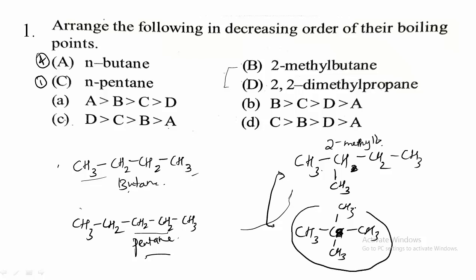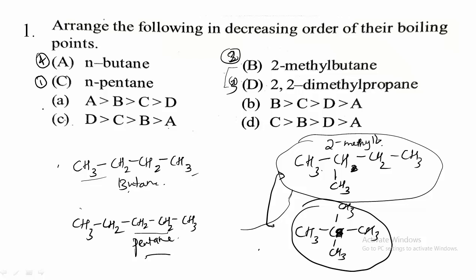This 2,2-dimethyl propane is more branched, and hence it is having low boiling point compared to 2-methyl butane because it is less branched. So therefore, the 2-methyl butane will come second and 2,2-dimethyl propane will come third.